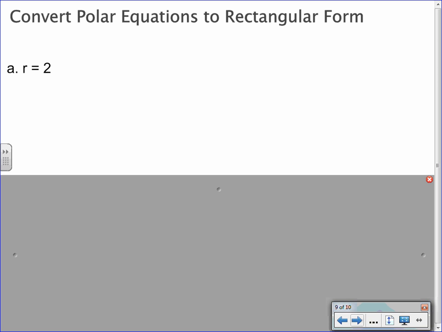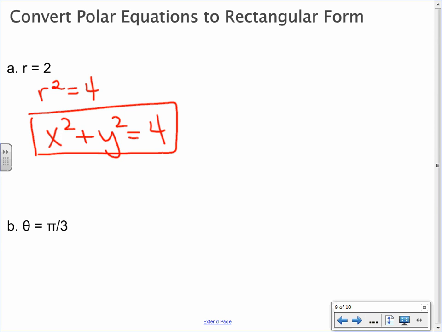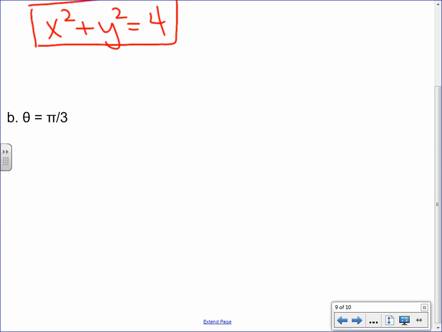So you can say, all right, let's square both sides of that equation, and then r squared is the same as x squared plus y squared, and there's our circle in rectangular coordinates with radius 2 centered at the origin. What is this going to be? A line. Good. And in this case, it's going through the pole.